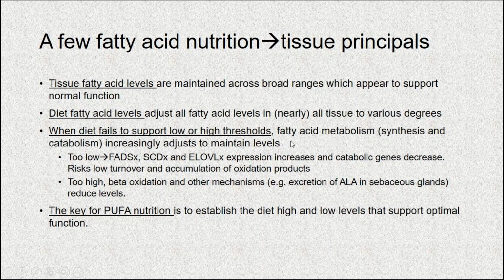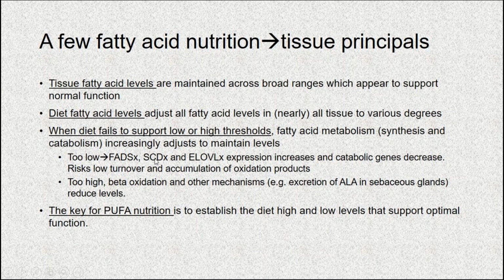So imagine that you have broad ranges that are okay, but then as you get to levels which are too low or too high, metabolism kicks in and tries to push them back into a range which supports normal function. And so we have certain genes that we study. Our laboratory studies fatty acid desaturases and the elongation genes and their functions.